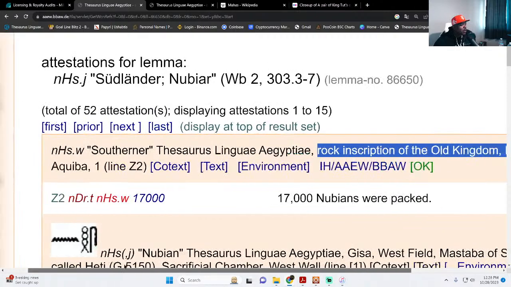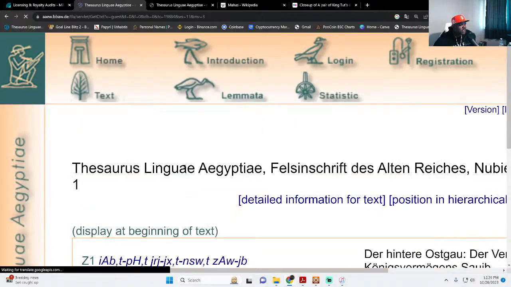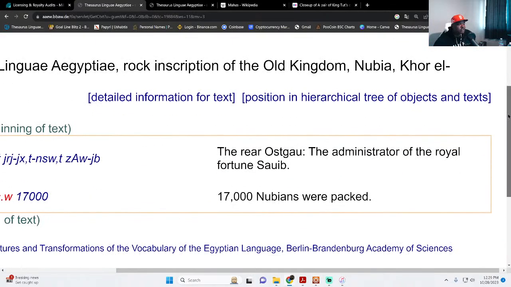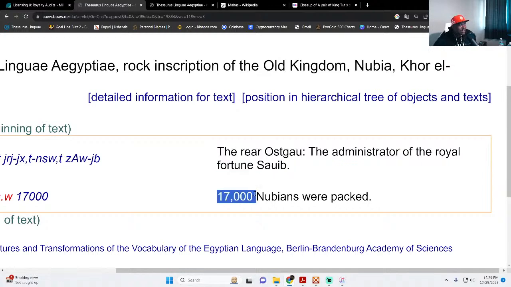And in the Khor el-Aquiba, only on one rock, all it reads, if you go into the codex, you'll see there's no more text. There's no more text. It goes just like that. Look. The rear admiral, the administrator of the royal fortune, Sa'uib, and then it says 17,000 Nubians were seized. This packed is a bad translation.